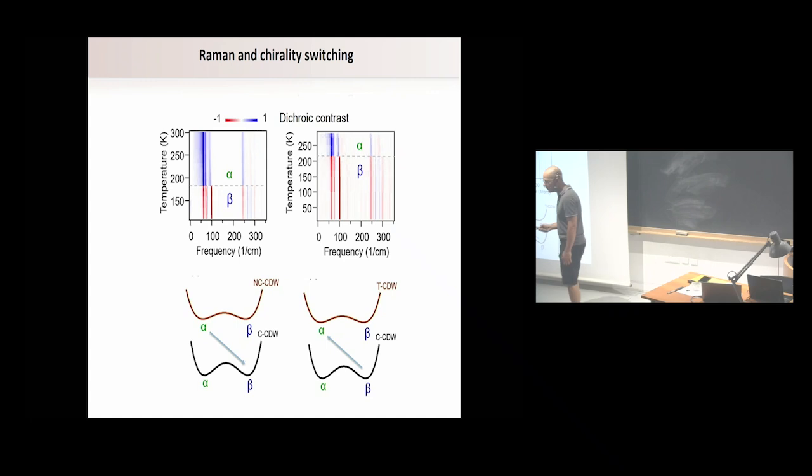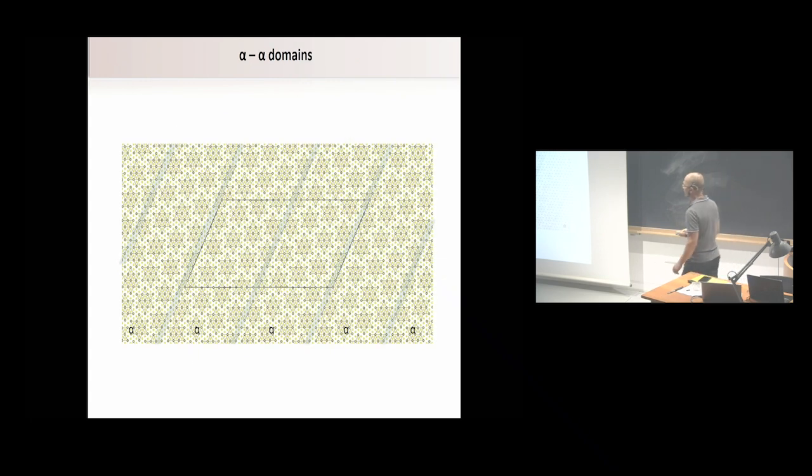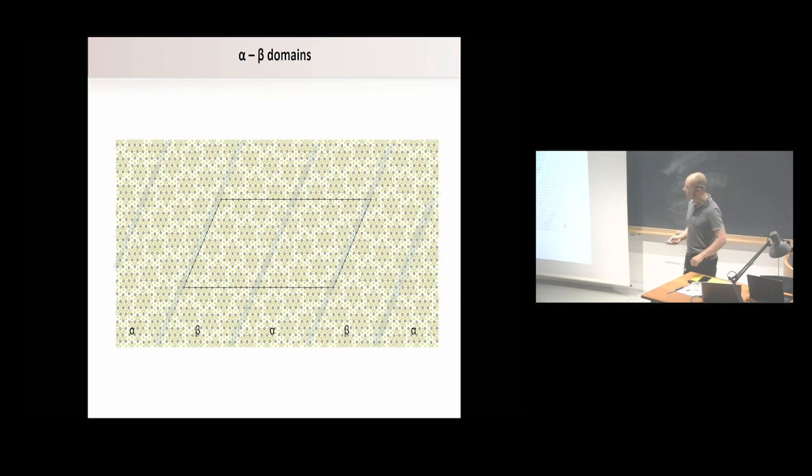So in order to see that this is at least feasible and not completely crazy, beside the fact that the experiment is not really doubtful, it's to show that if you create metallic domain walls between alpha and alpha, as we did here, you relaxed a unit cell of 1,016 atoms, or you do the same but with alpha beta chirality and still metallic domain walls, the energy that you cost is very similar.